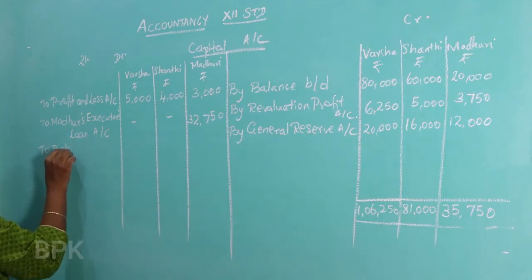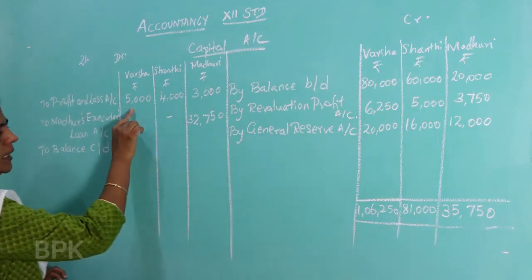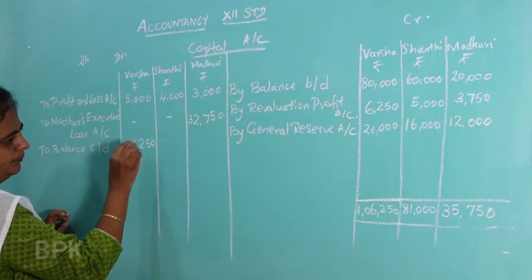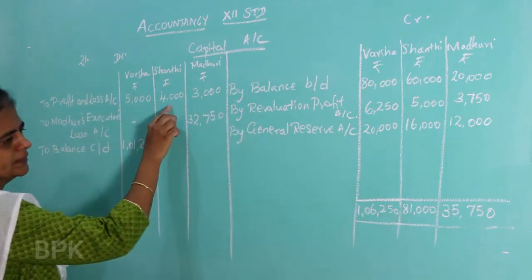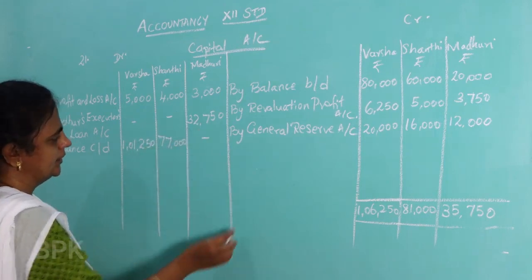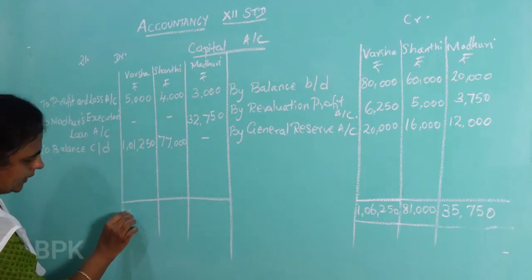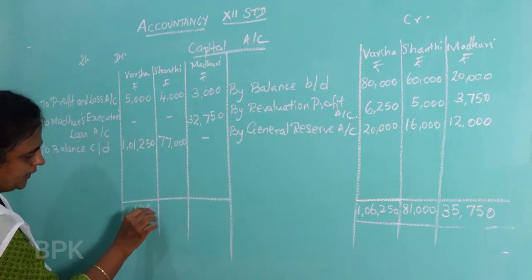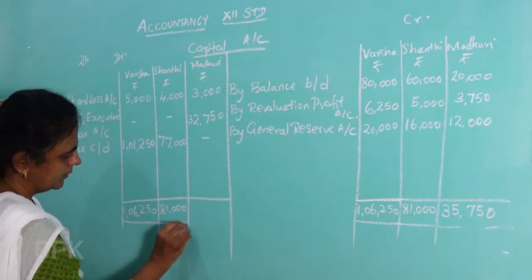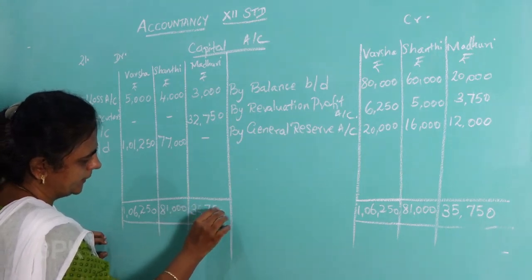Then balance carried down. So 1,06,250 minus this 5,000, that will give 1,01,250. 81,000 minus this 4,000, that will give you 77,000. Dash here. Bring down the total: 1,06,250, 81,000, 35,750.